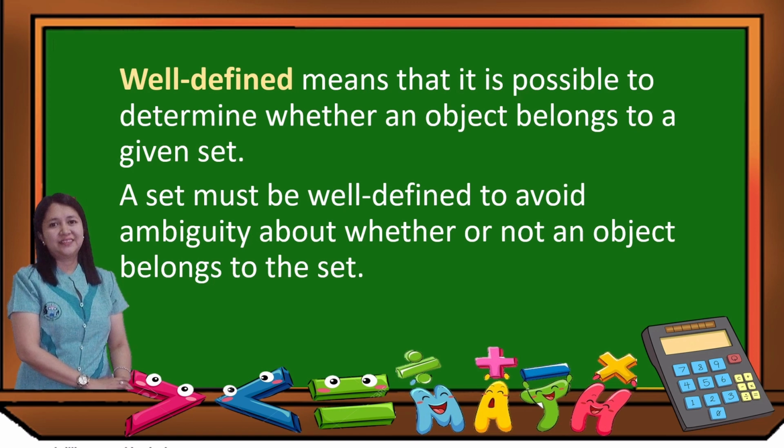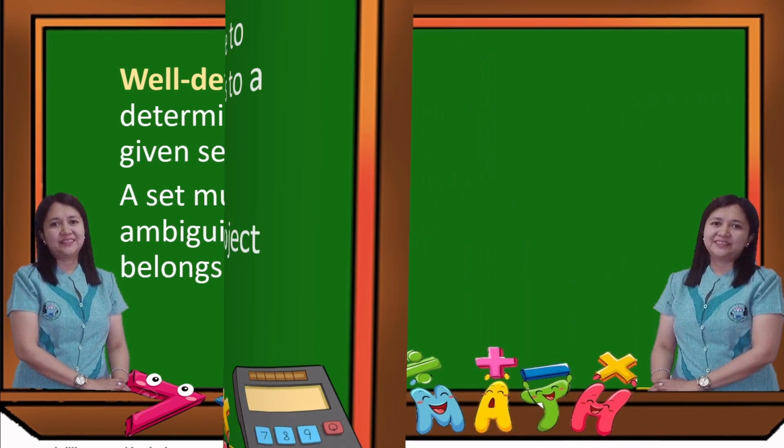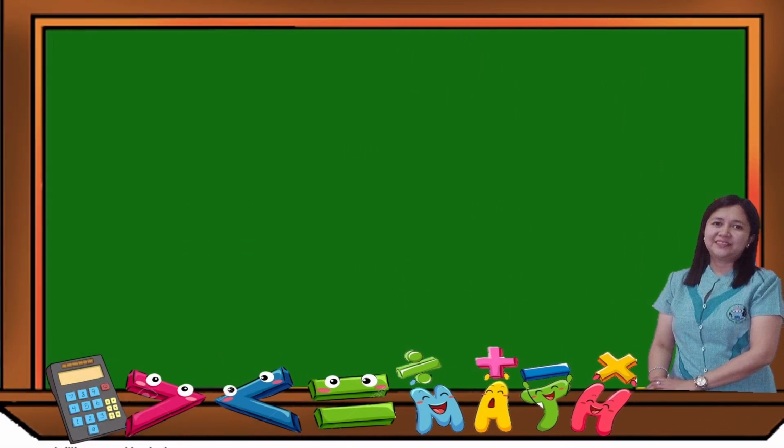A set must be well-defined to avoid ambiguity about whether or not an object belongs to the set. Let us have some examples.